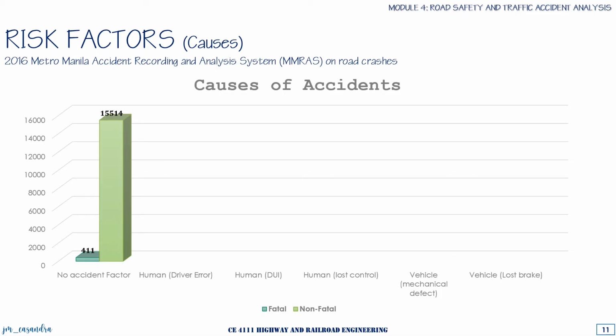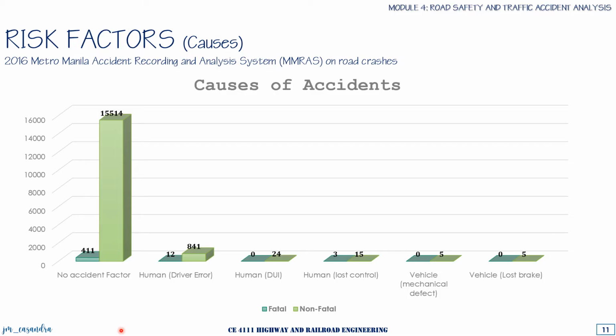For driver error, we have 12 fatalities and 841 non-fatal. Driving under the influence, we have 0 fatal accidents versus 24 non-fatal accidents. Loss of control, we have 3 fatal and 15 non-fatal accidents. And for the vehicular aspect, mechanical defect would be 0 fatal and 5 non-fatal. And lost brake would be 5 non-fatal accidents.